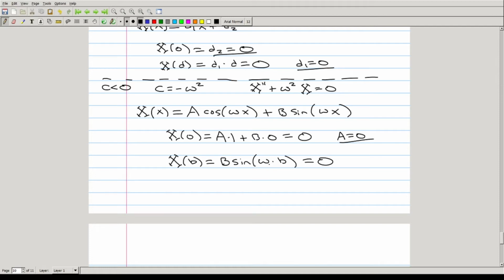Specifically, for any value omega, where omega is equal to n times pi over b, n is equal to 0, plus or minus 1, plus or minus 2, and so on and so forth, we have a solution to our equation.